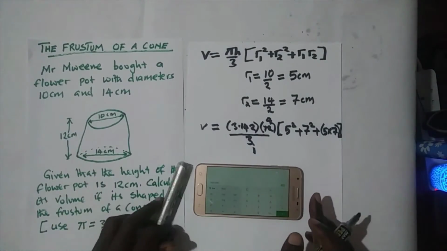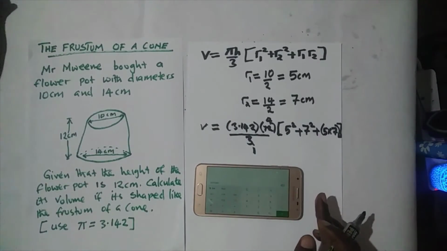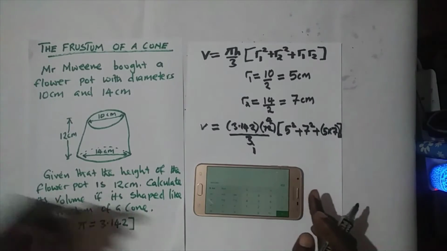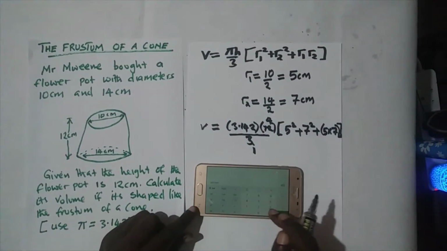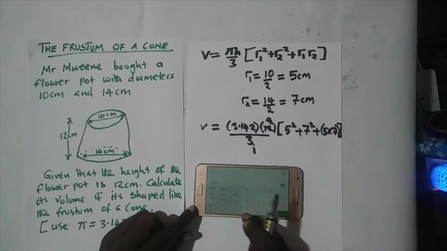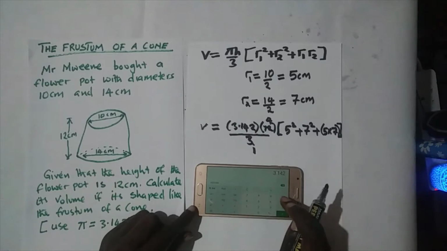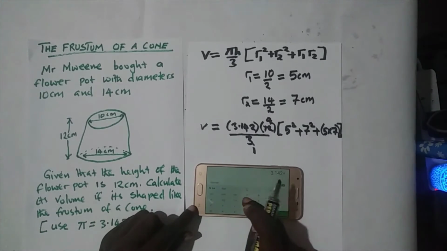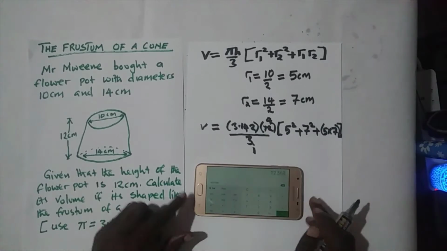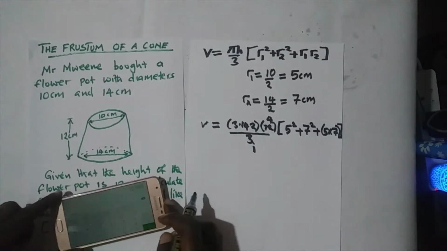So we can get our calculators to help us. At this point we are going to multiply 3.142 times 4. This gives us 12.568.